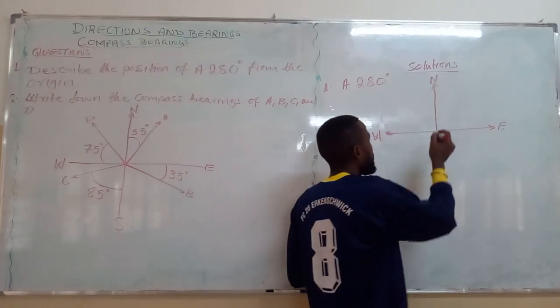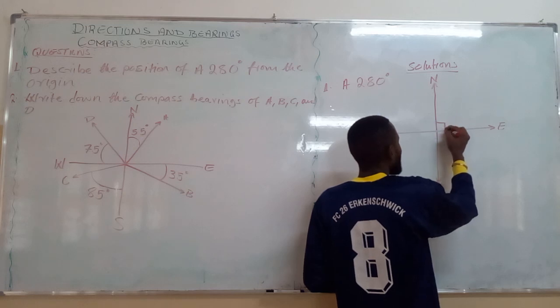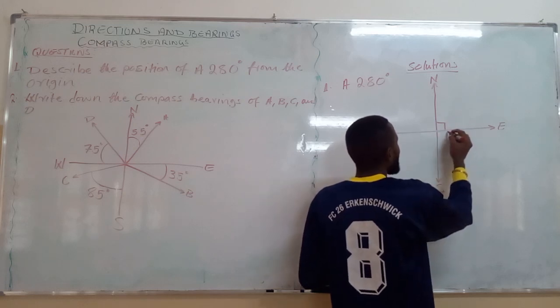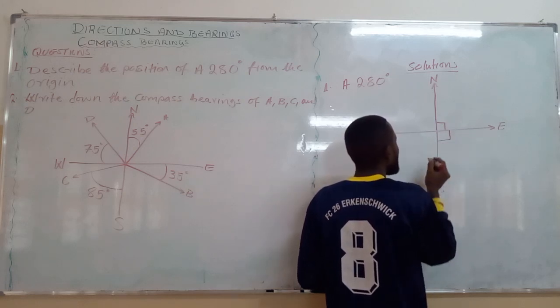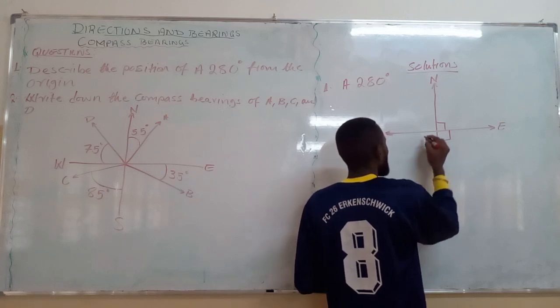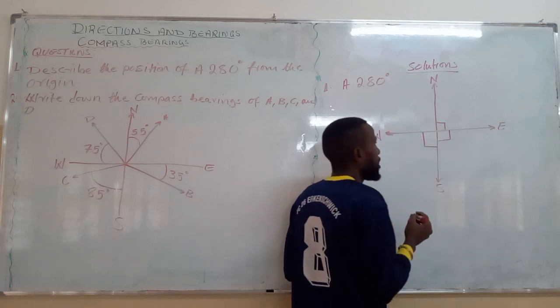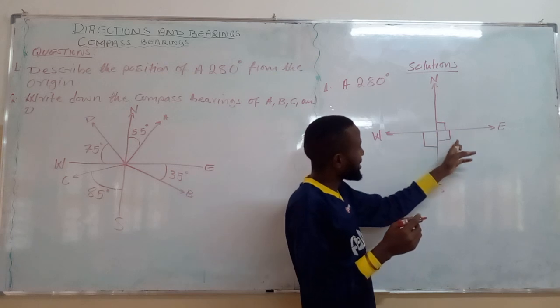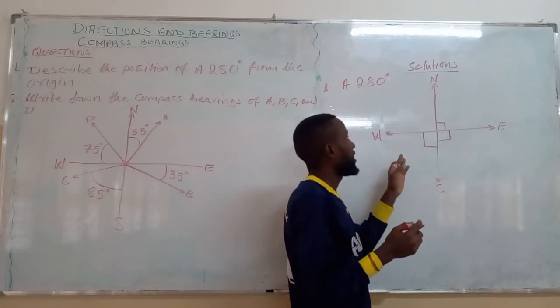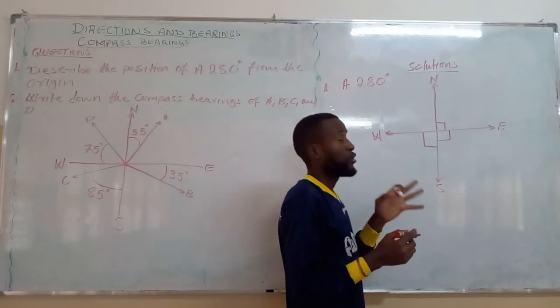This direction is 90 degrees, this one is also 90 degrees, and this one is also 90 degrees. When we add 90 plus 90 plus 90, are we getting 280? Obviously not.